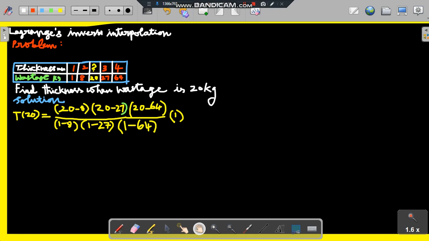Now for the second term, you leave 8, so in the numerator you will have 20 minus 1, 20 minus 27, 20 minus 64.